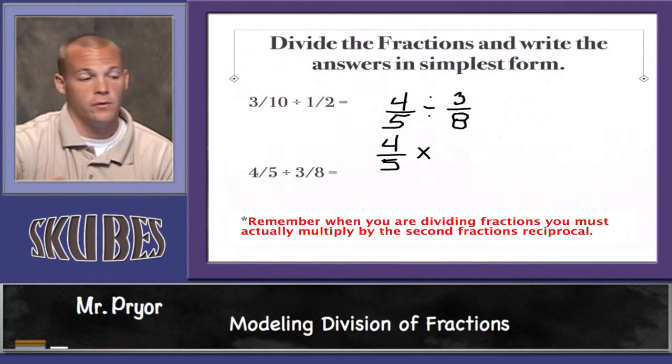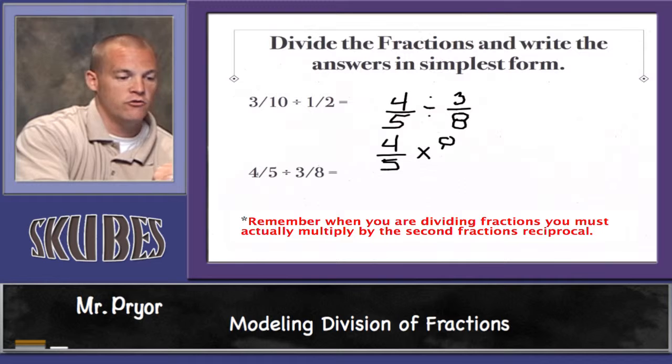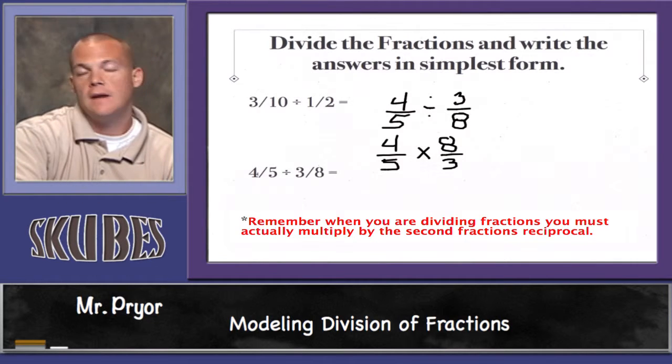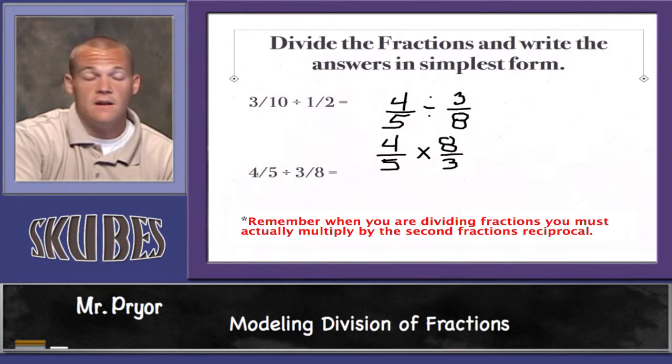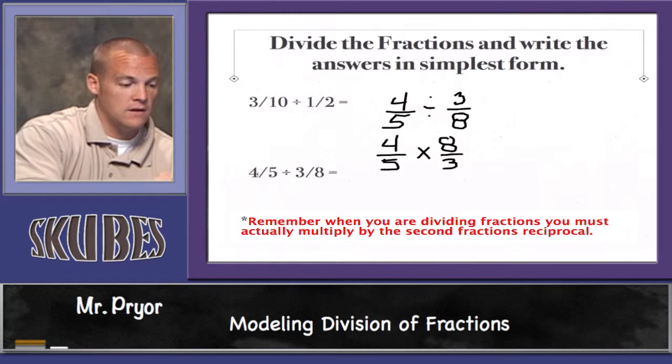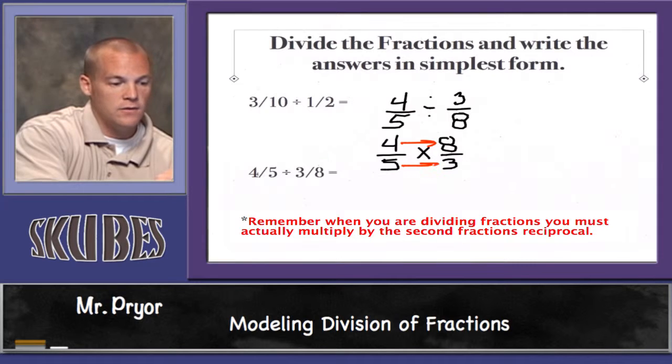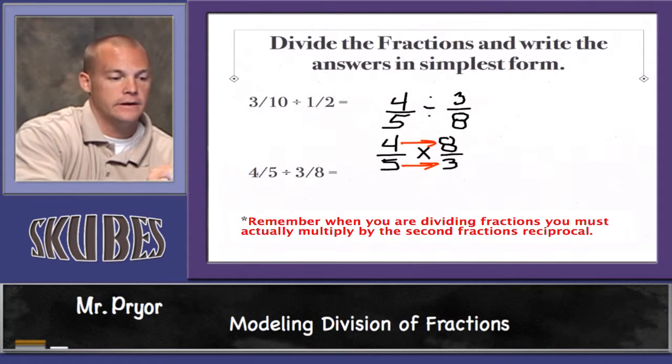You need to do the reciprocal, again called the reciprocal, which would become then 8/3. Once you do that, you are ready to multiply. So again, just keep in mind you multiply 4 times 8, 5 times 3. Straight across. There's no fancy stuff that has to be done here.